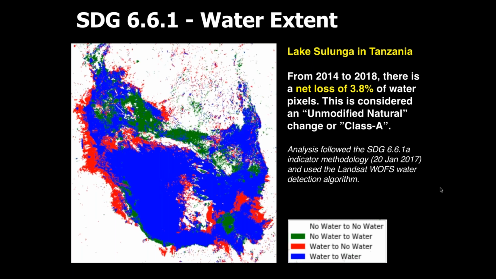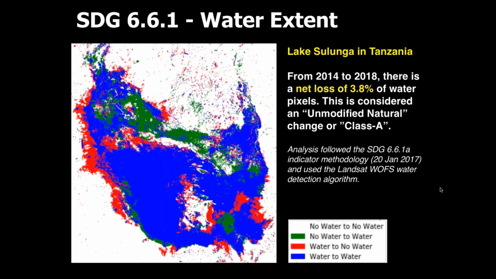So what it shows is, as you move through time, some areas will change and the water will remain the same, which is what you see in blue. Areas in green have gone from no water to water, so those have increased in water. And then the areas in red have decreased, or the water has receded from this lake.